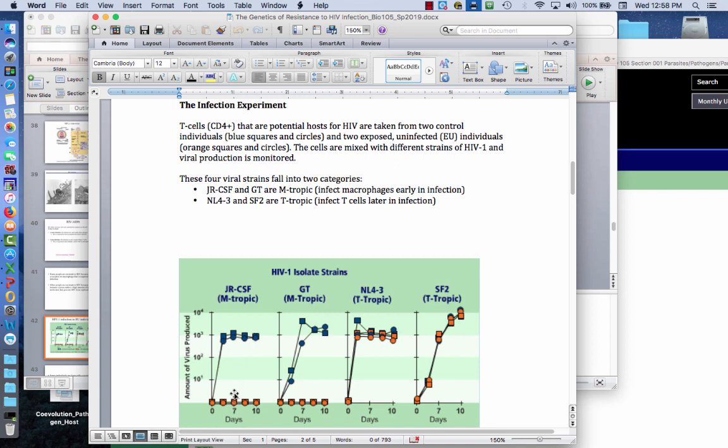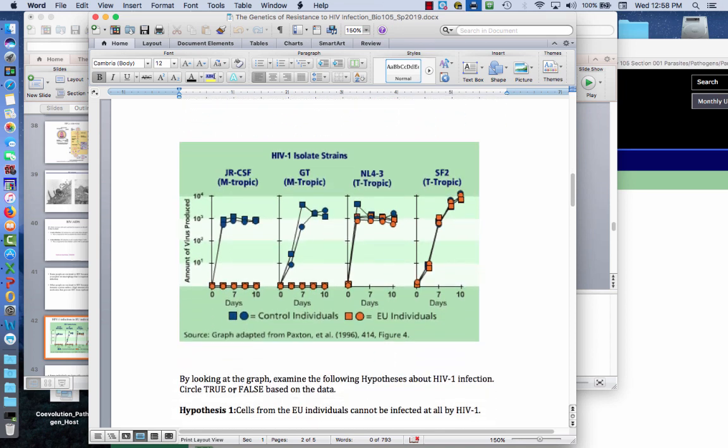So what you see in these images, let's just look. The blue lines, the blue squares and circles, are control individuals. These people are not resistant to HIV infection. And then you see in the orange immune cells that were isolated from the exposed, uninfected. We're calling those EU individuals.